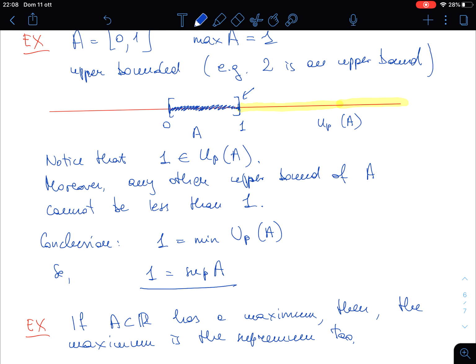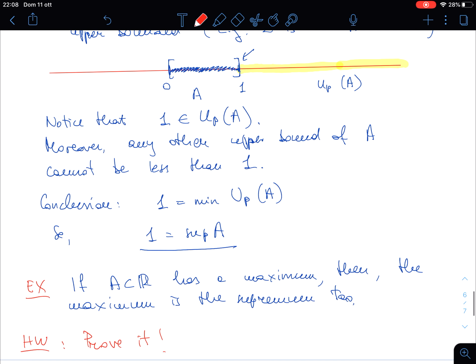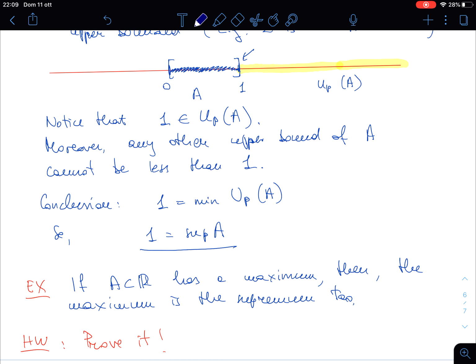Okay. And as a homework, I suggest you prove it. So I want to stress here what is the set of upper bounds of A. Here we have that set of upper bounds of A. Here is 1 to plus infinity, and 1 is included.